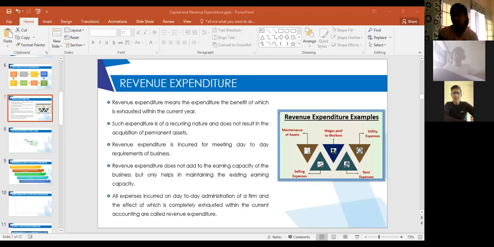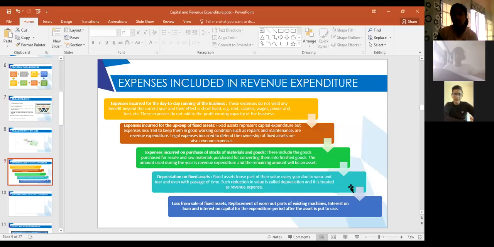Then we did what all can come under revenue expenditures. Avni, can you tell which all were there? Which expenses are included as revenue expenses? Ma'am, raw materials, which are needed for the day-to-day business things.